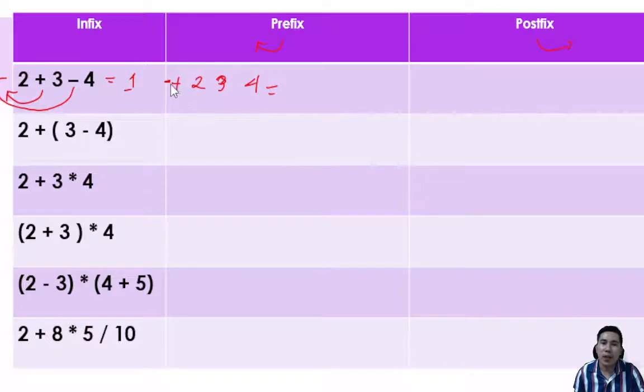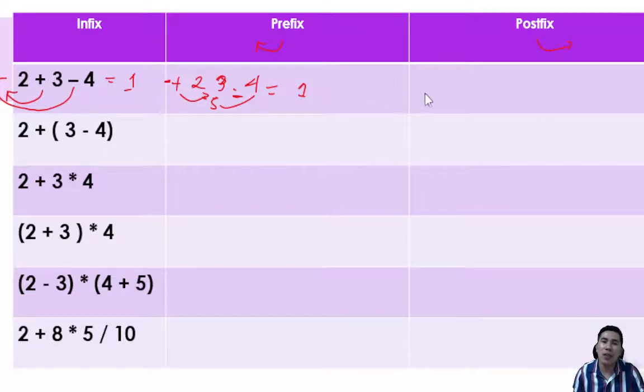The same thing here with what we have here. So 2 plus 3 is actually 5, and then 5 minus 4 is actually 1. So that's how to check whether you have the correct prefix notation.